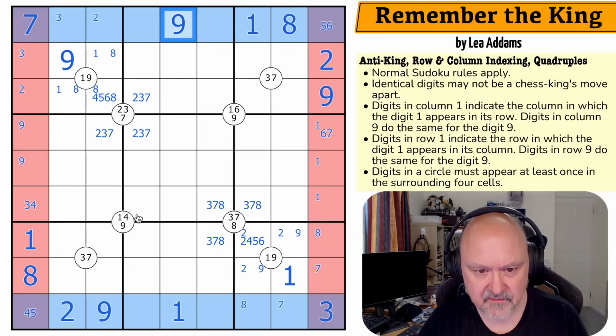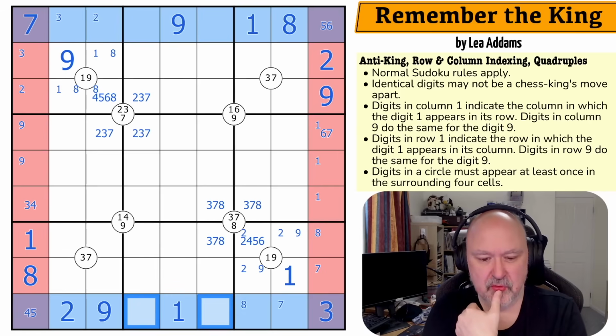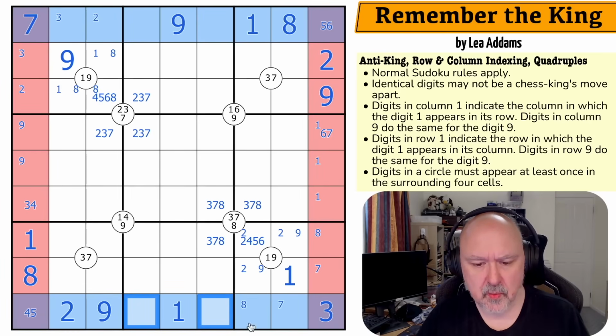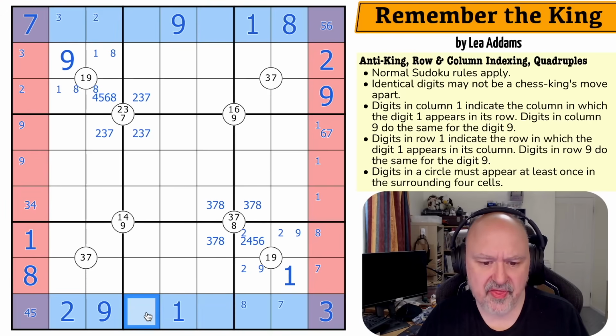Is that doing anything for me? 1 can't be here. That's still allowing 1 to be in either of those. I've still got to put a high digit in here, which is a 7 or an 8. No, that's going to be broken. No, it's not. Well, that can't be a 7. And that one can't be an 8, because that would put a 9 here.